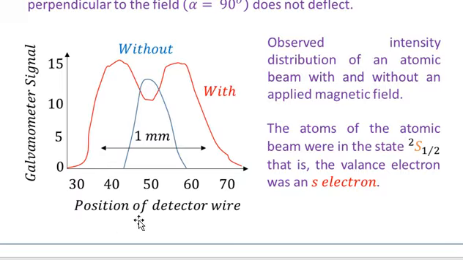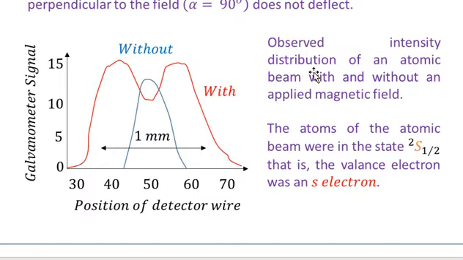On the horizontal axis, we have the position of the detector wire, which measures the concentration of the arrivals of the atoms of the silver beam. And on the vertical axis, we have the galvanometer signal, which is connected to the detector wire, and the signal was measured on the galvanometer.